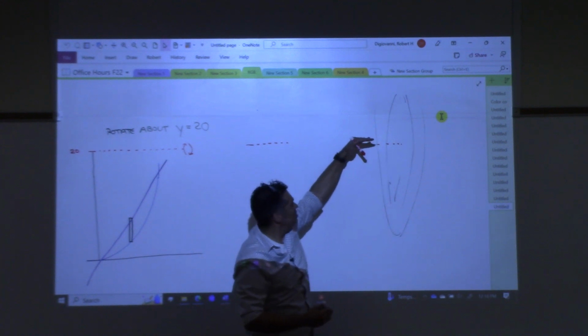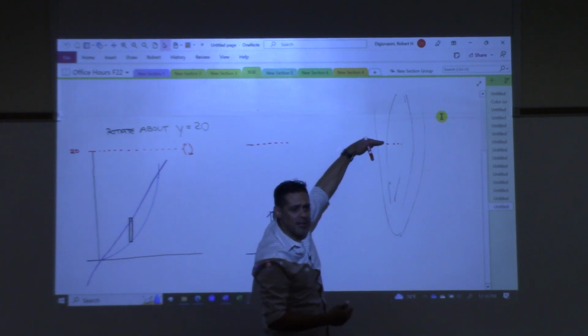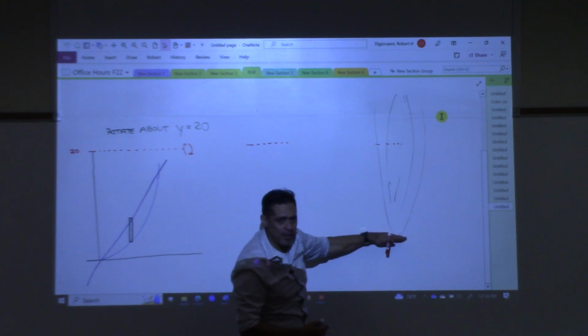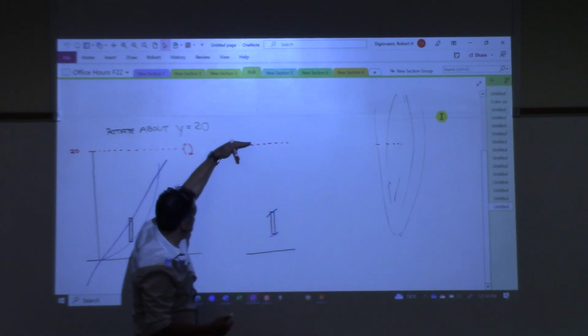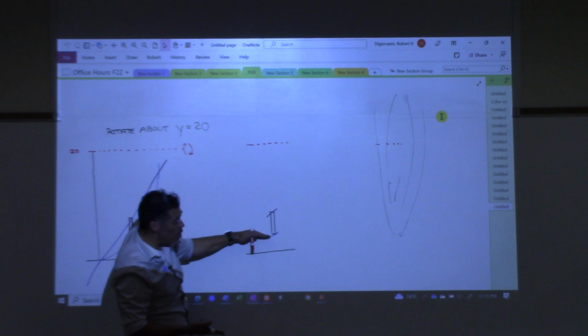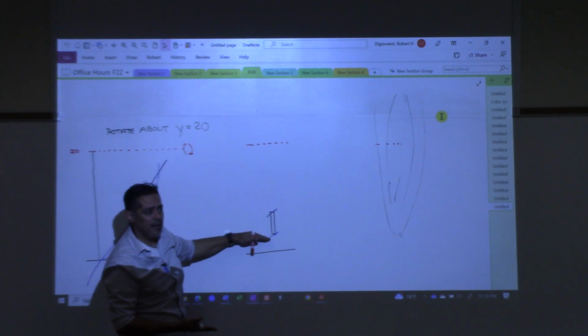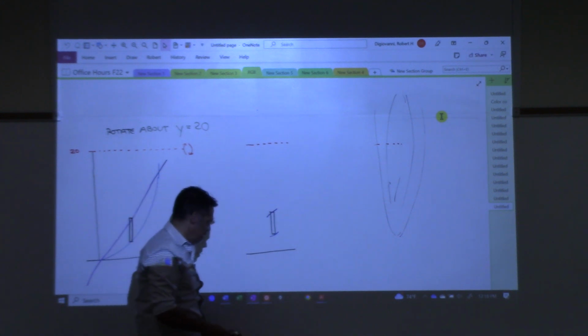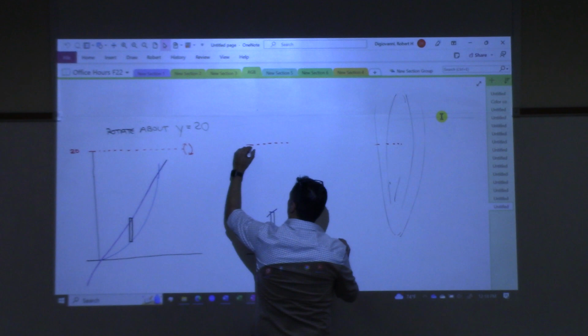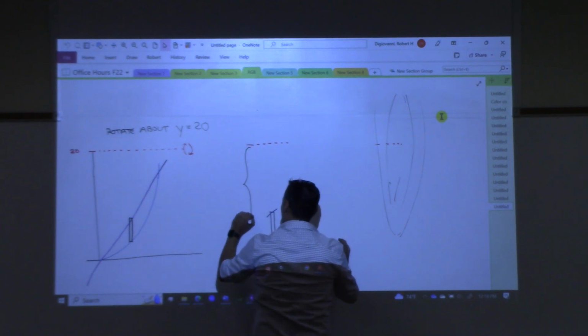It's a distance from this red dotted line to this bottom piece here, which over here is this to where? The blue. To the blue. That's R out. Everyone see that? R out is the distance from here to here. So I'm going to draw it from here all the way to here.